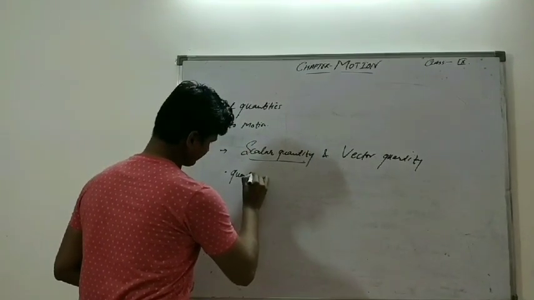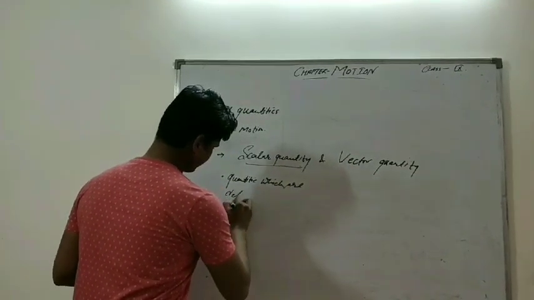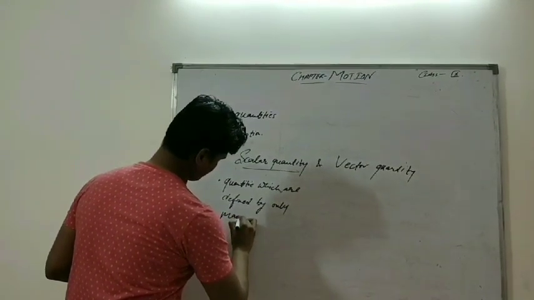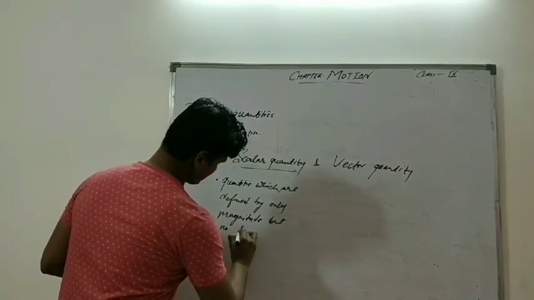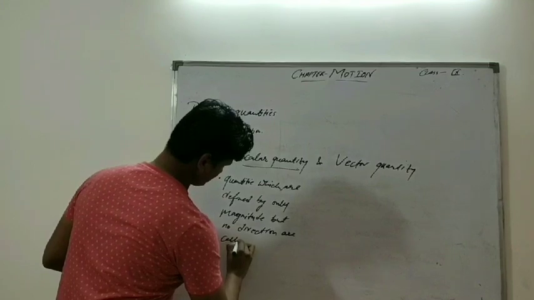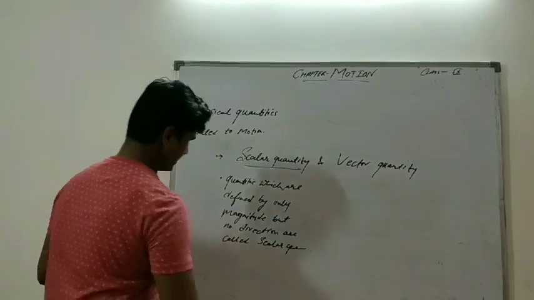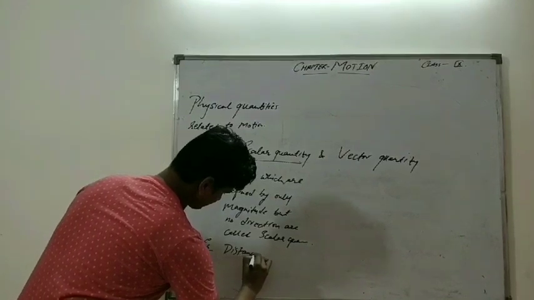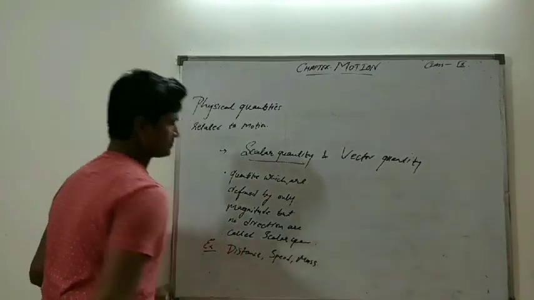Quantities which are defined by only magnitude but no direction are called scalar quantities. For example, distance, speed, mass.